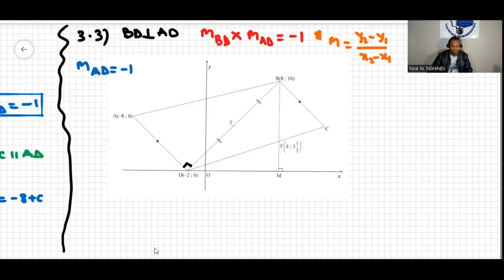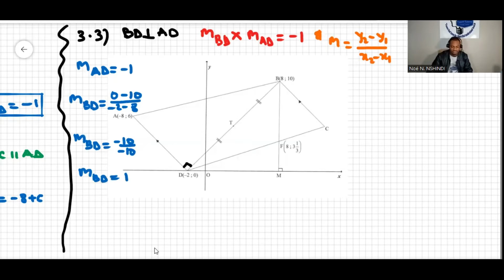So the gradient of BD will be equal to 0 minus 10, all over -2 minus 8. That makes -10 over -10. So the gradient of BD is just equal to 1.